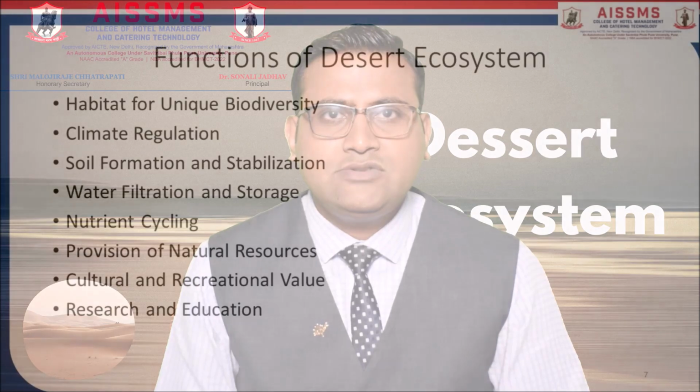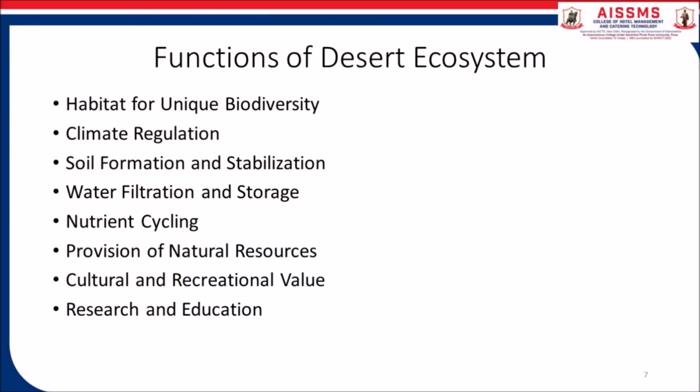Next, the functions of desert ecosystem. Desert ecosystems perform a variety of functions that are vital to both the environment and human activities. Here are 8 key functions that a desert ecosystem performs.